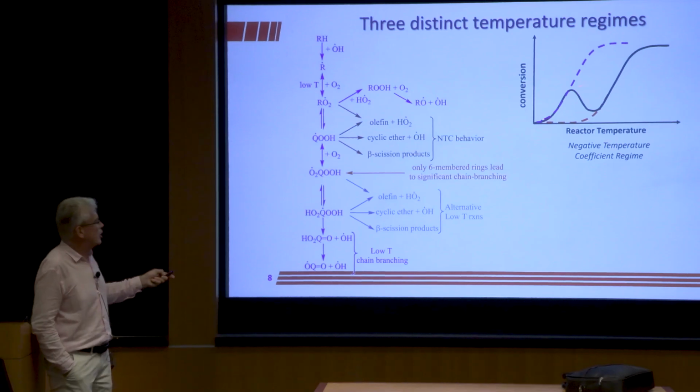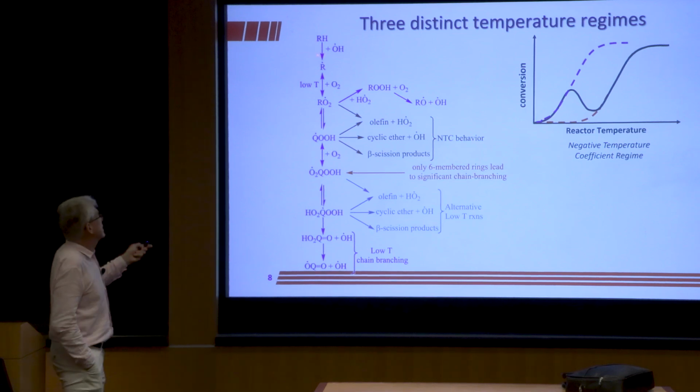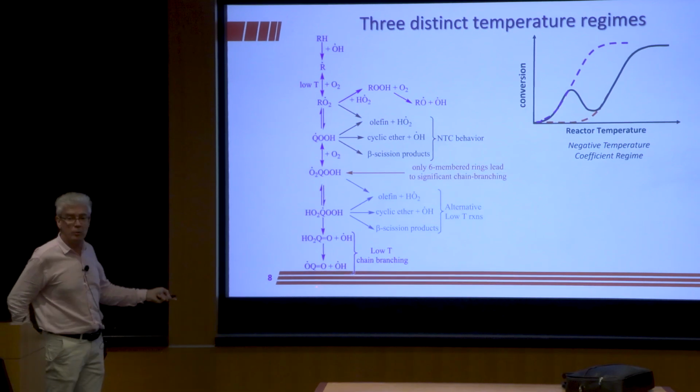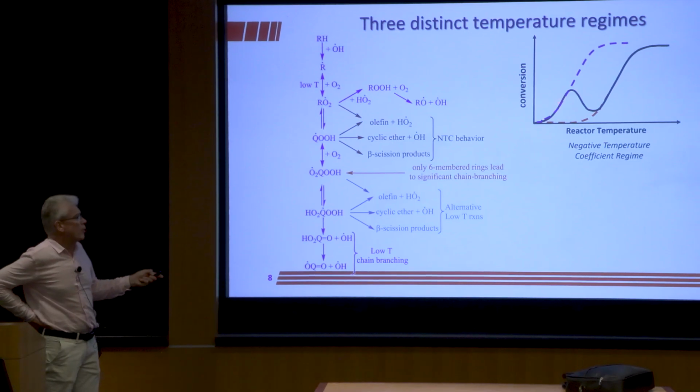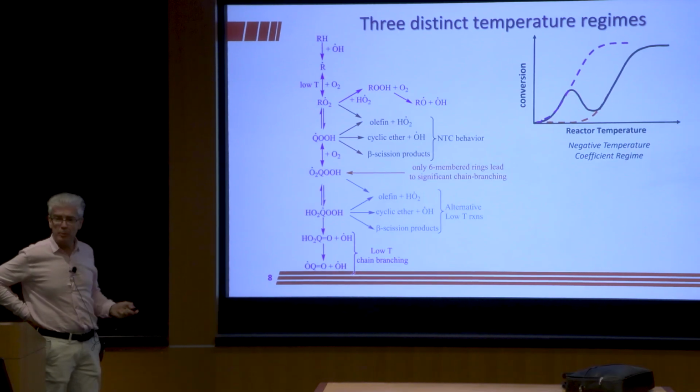At low temperature, if you get branching, the reactivity should increase up to here, and the chemistry would follow the route through this blue chemistry here. But what happens is that the conversion of the fuel turns over and becomes less if you increase temperature.